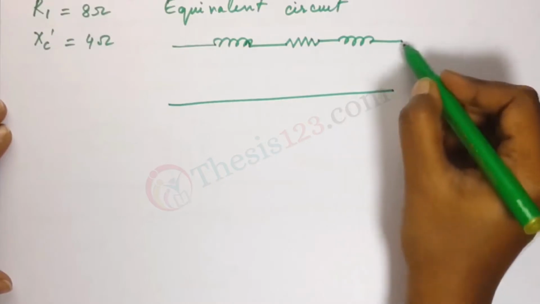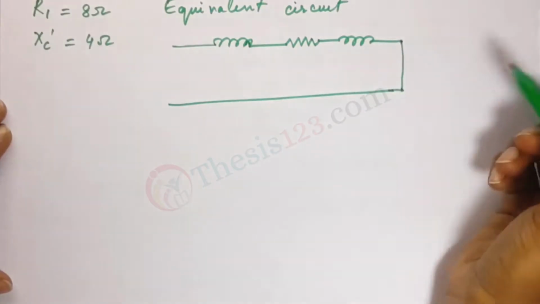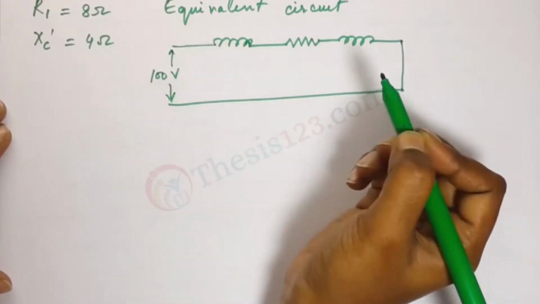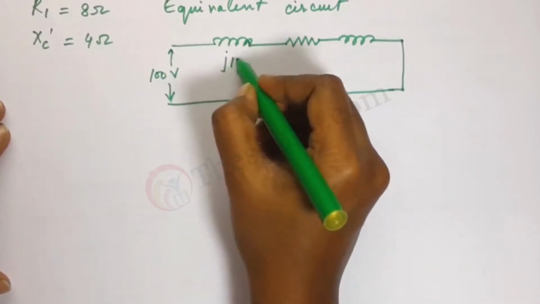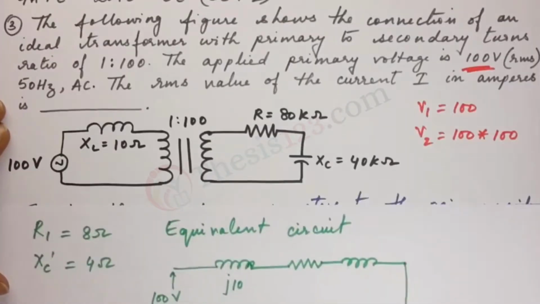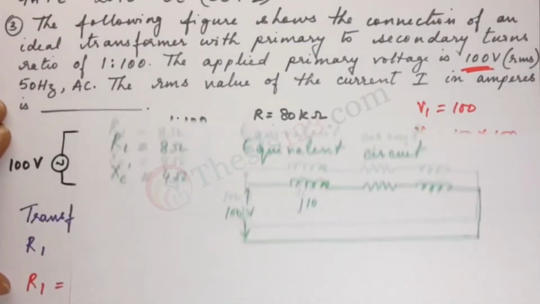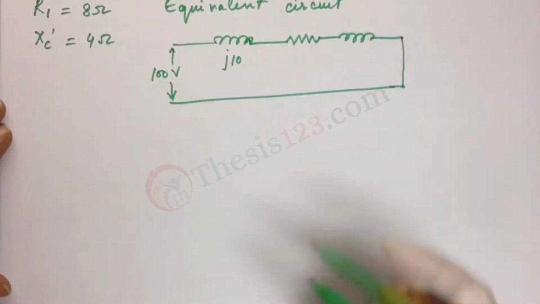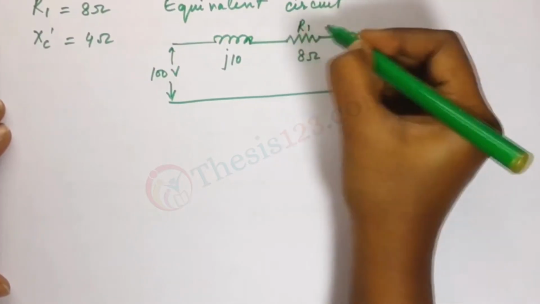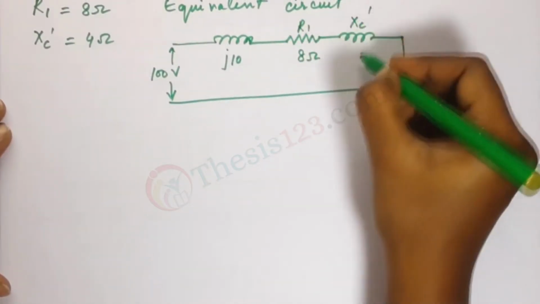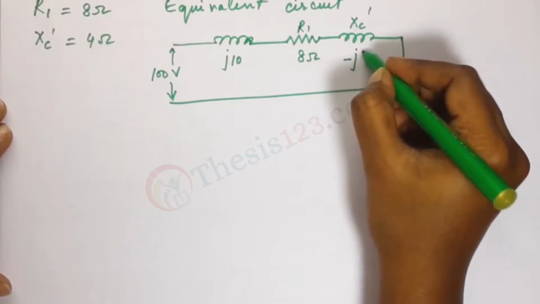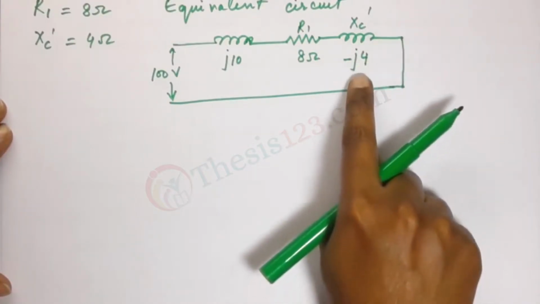We have the RMS value given as 100 volts. Here we have j10 as given in the diagram, then 8 ohms which we found, R1. This is XC dash, which is minus j4. Please keep that in mind.